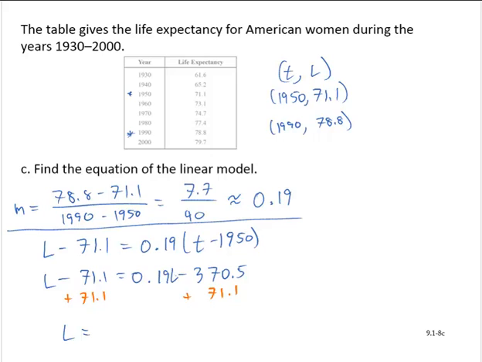Don't forget the t here. So 0.19t, and negative 370.5 plus 71.1 gives me negative 299.4. So there's the model that I will use.